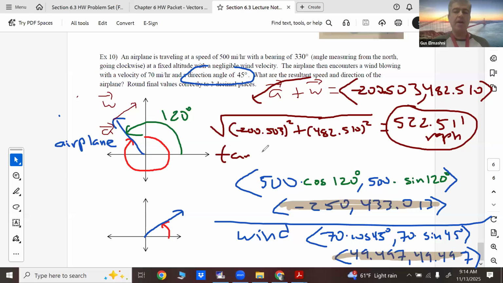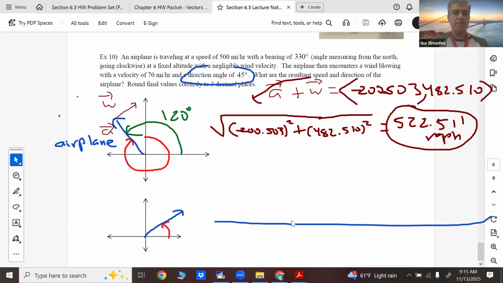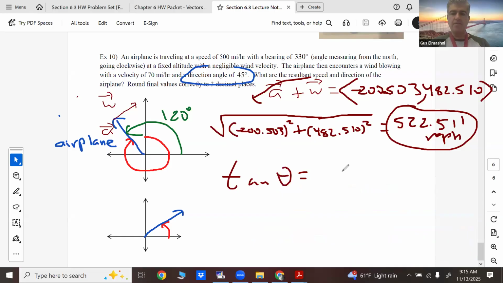Well, hold on. I need first to find tan theta, right? Let me erase the other stuff here because I'm running out of space. Okay. Tan theta is 482.510 over -200.